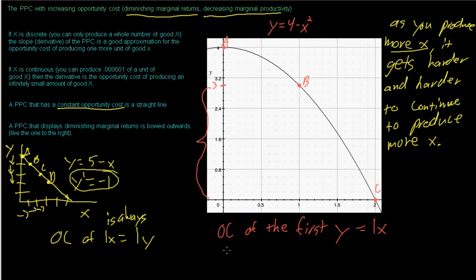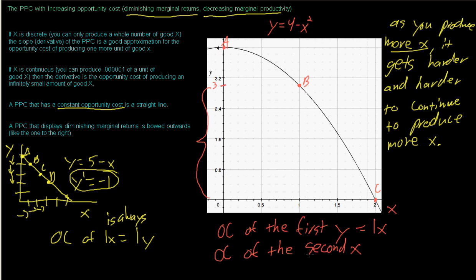So the opportunity cost of the second x, and I'm just using x because it's what we're used to putting on this axis, but good x could be sugar, it could be soda, it could be coffee, it could be whatever you wanted it to be, but I'm just using good x to keep it very simple to reference back to this graph here.